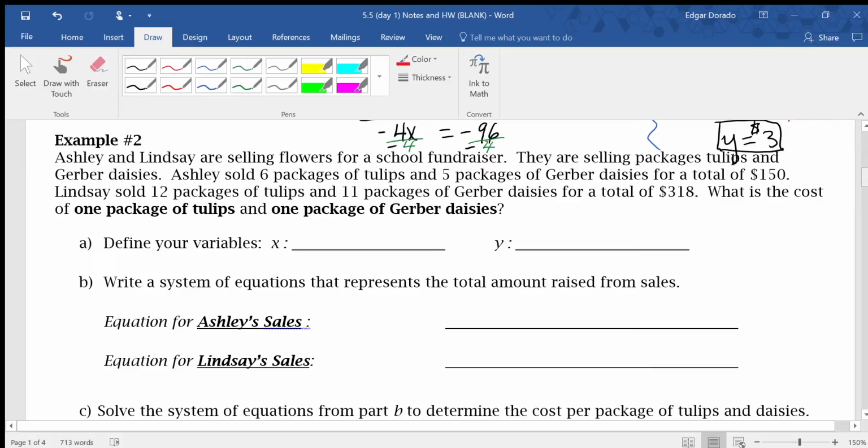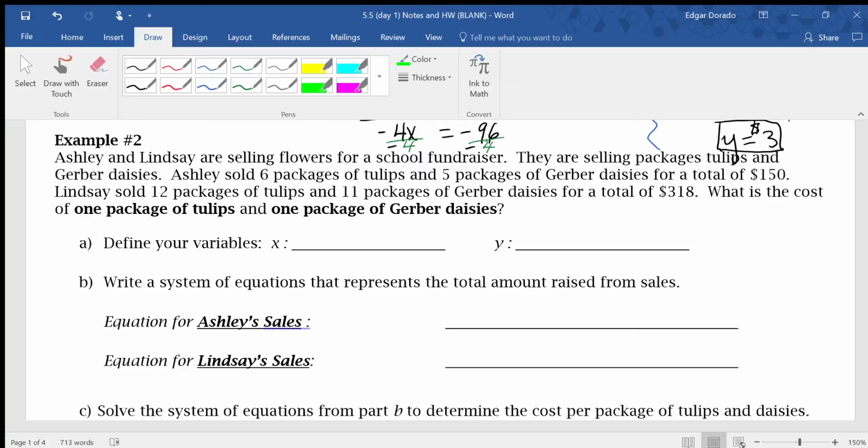All right, so let's go ahead and look at example number 2. Before I even start reading it, guys, make sure you start paying attention to what it is that we're looking for. What things are they asking us to do? Okay, so let's see. It says Ashley and Lindsay are selling flowers for a school fundraiser. They are selling packages of tulips and Gerber daisies.